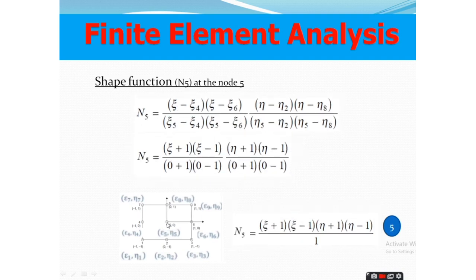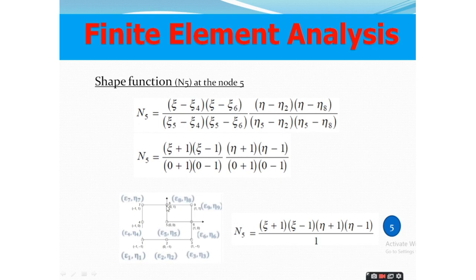For the fifth node, the influential nodes are 4 and 6 in the eta direction and 2 and 8 in the psi direction. So how do we write that equation? Eta minus eta4, eta minus eta6, and in the psi direction, psi minus psi2, psi minus psi8.